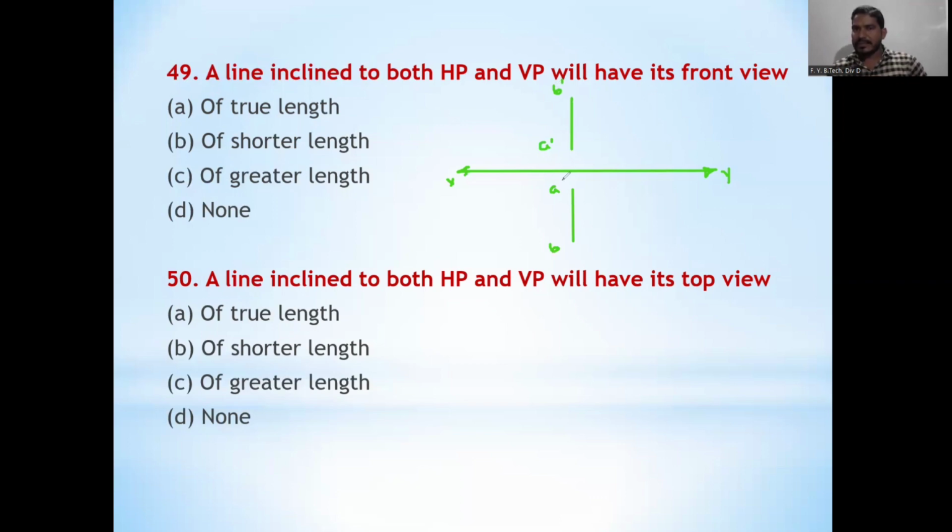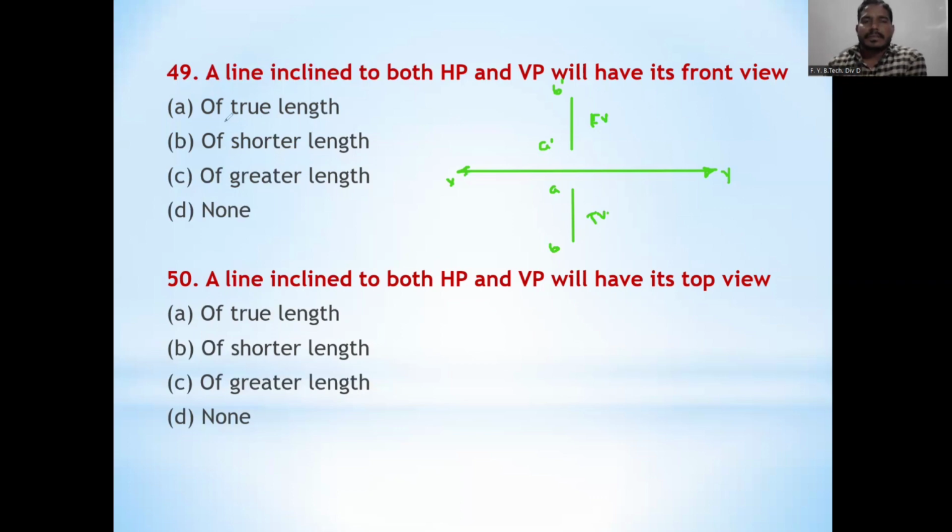Accordingly, we get its front view and top view perpendicular to XY. That means we consider this line as a profile line. As it is only mentioned inclined to HP and VP, accordingly you will get its front view and top view like this. Both of these are apparent lengths, front view and top view.